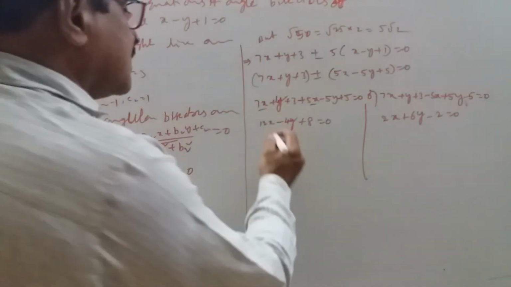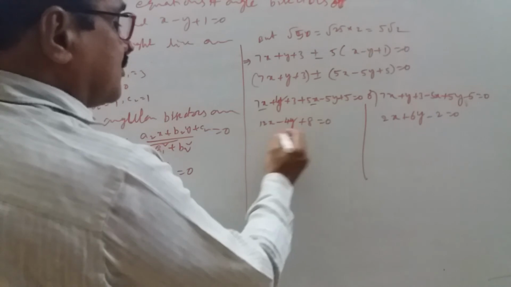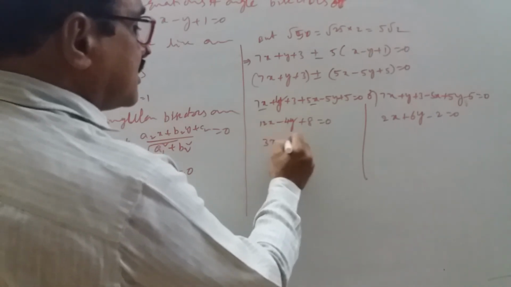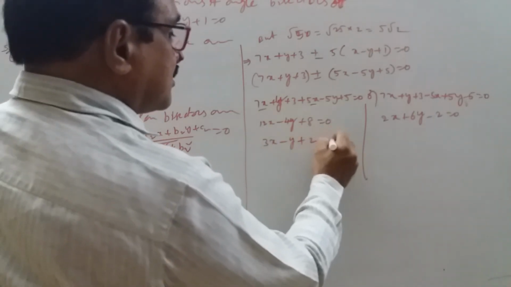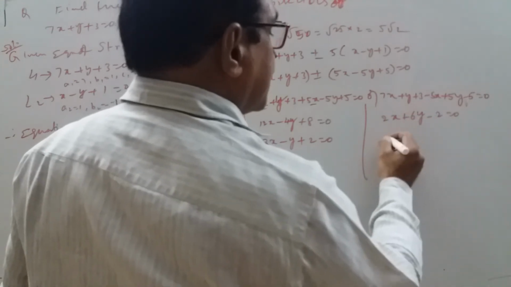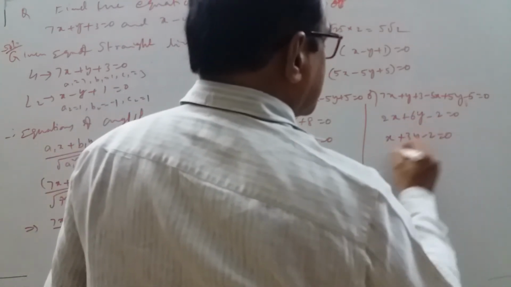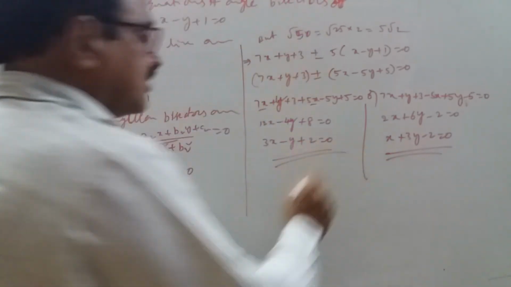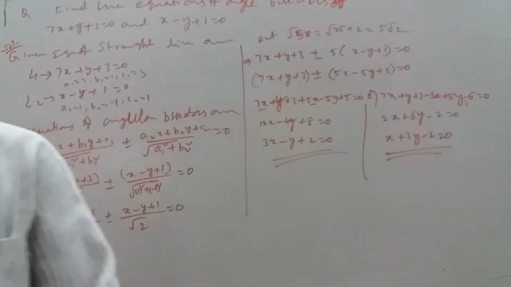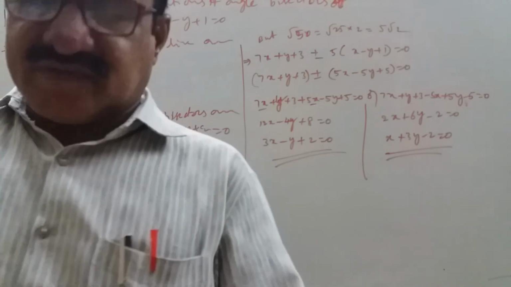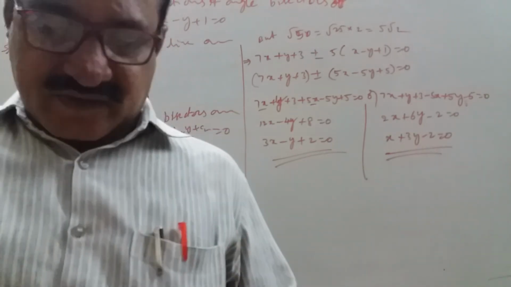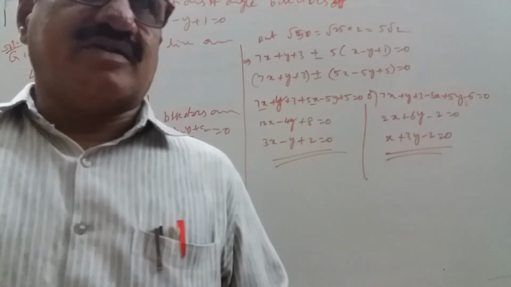By simplification, if we divide the first equation by 4, it can be written as 3x - y + 2 = 0. Or here, by dividing by 2, it will become x + 3y - 2 = 0. These are the two required equations of straight lines, which are angular bisectors. Okay. In this way, you have to solve.